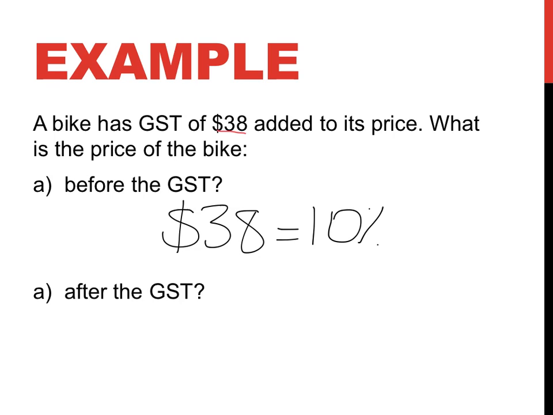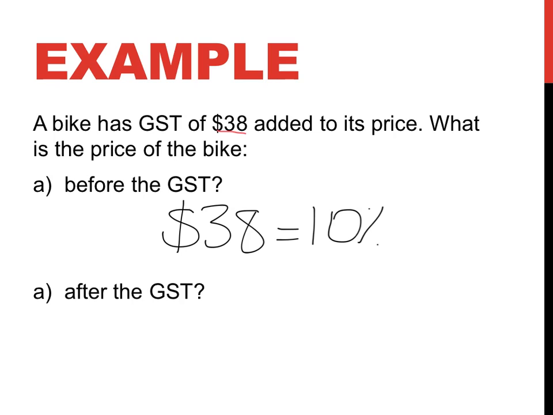Now, this is the tricky bit. You know how I told you a mental strategy to find 10%, because from 10% you can find anything? Well, I'm going to show you a new one, particularly when working with your calculator. The easiest thing to do is to take it back to 1%. So if $38 is 10%, I can divide 38 by 10, and that'll find 1%.